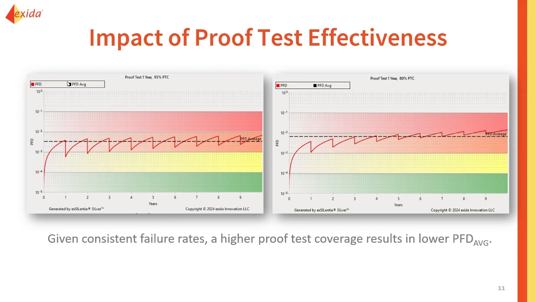It's certain to fail. And so you'll see the impact of doing online tests on your overall PFD average just as much as you would the proof test effectiveness or the proof test interval.